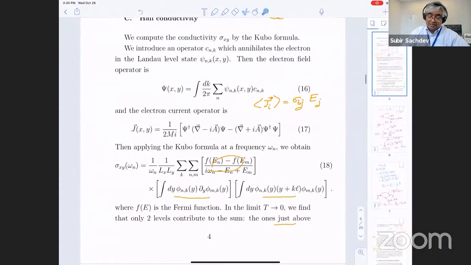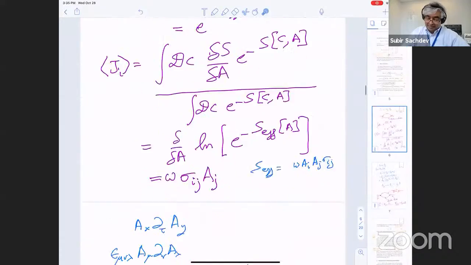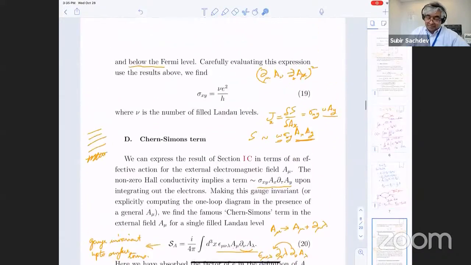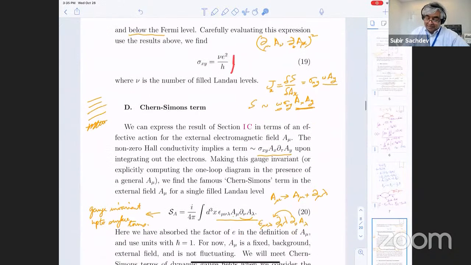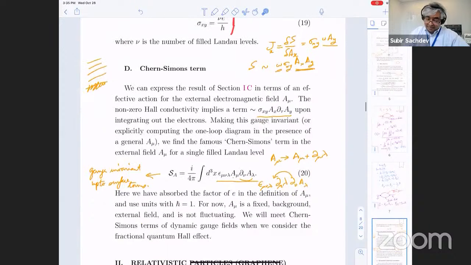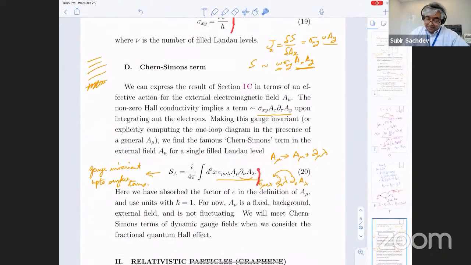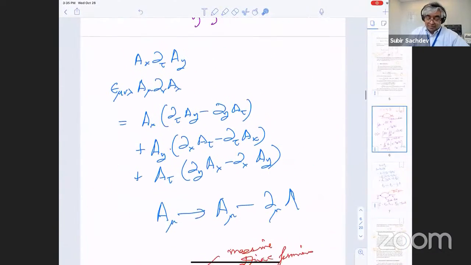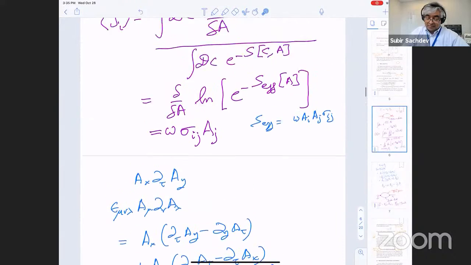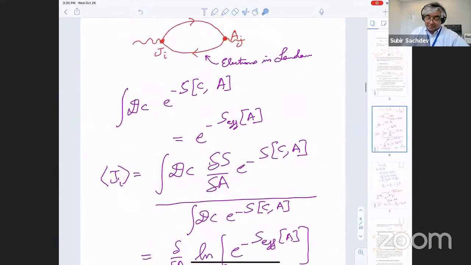So we computed the Hall conductivity and found it was non-zero. It was equal to this. I didn't do the details of the calculation, but this is what we claimed. And then we said that this implies that the bulk action is equal to this Chern-Simons term. That was a bit quick, so let me review the arguments as we went through in the discussion session.